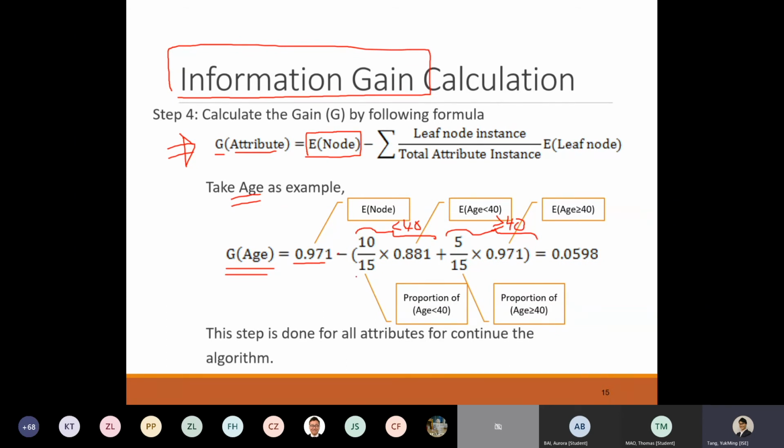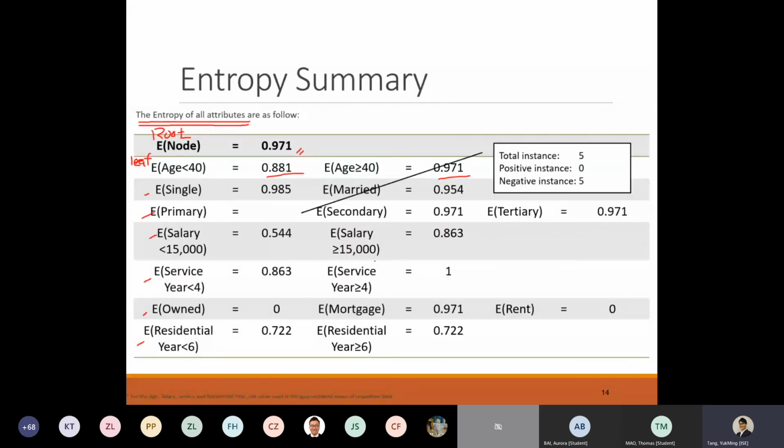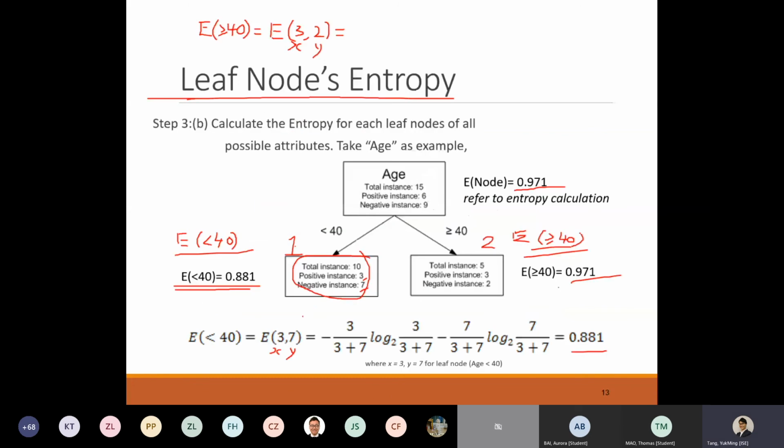What is in the bracket? First, smaller than 40. How many of them are smaller than 40? Go back to the table: 10 of them are smaller than 40, and 5 of them are larger or equal to 40.